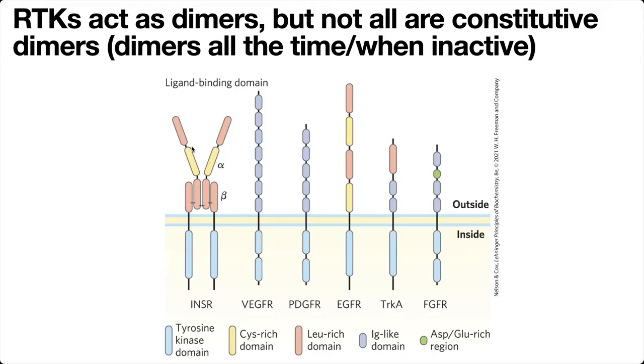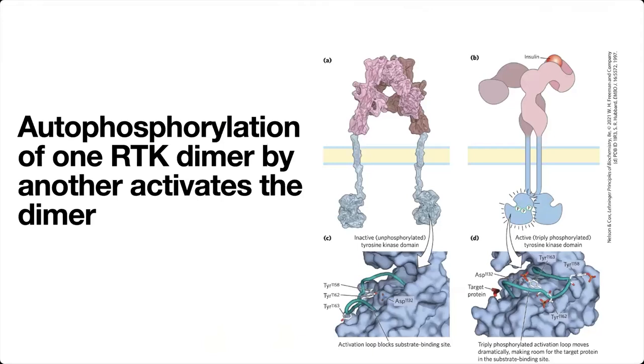It's just not activated. Whereas others of these are in their monomeric form, and then they need to dimerize. Two copies need to come together to form a dimer, and they'll typically do that in response to binding to a ligand. In the case of our insulin receptor, it's already a dimer, so it's constitutively a dimer, but it's not active until it binds to the ligand.